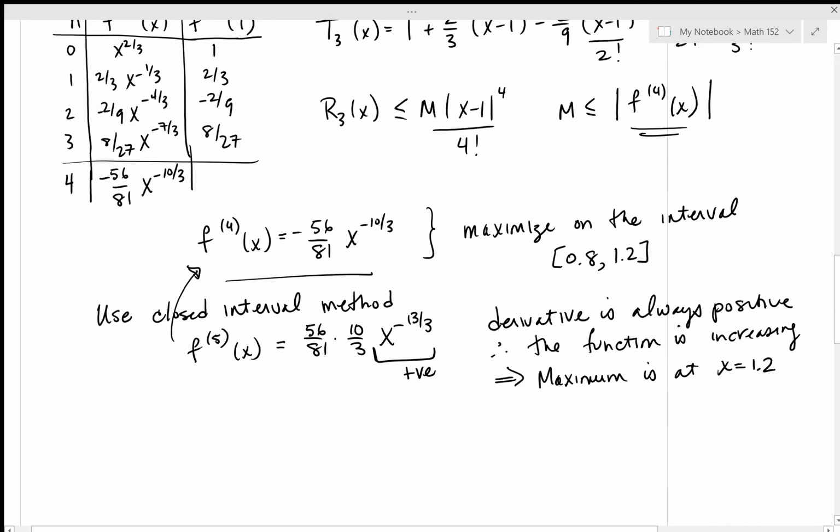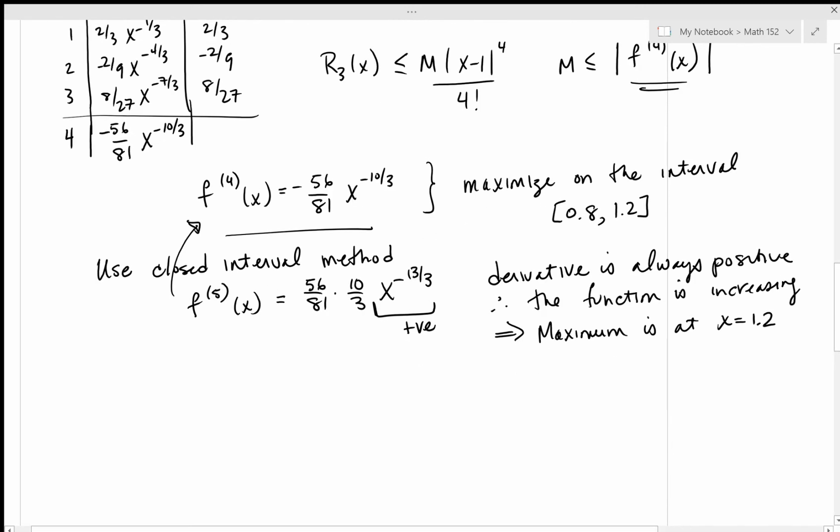Okay, so I can now calculate what M is. M is the maximum value that this function here can obtain, and that is M will be less than or equal to 56 over 81 multiplied by 1.2 to the minus 10/3. Okay, I've taken the absolute value.